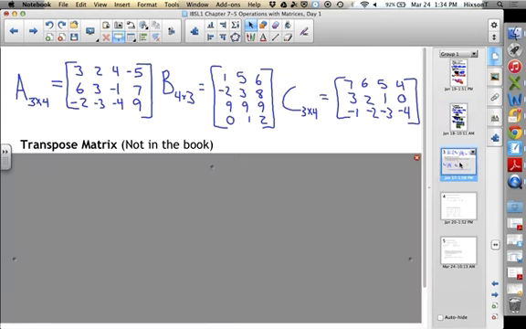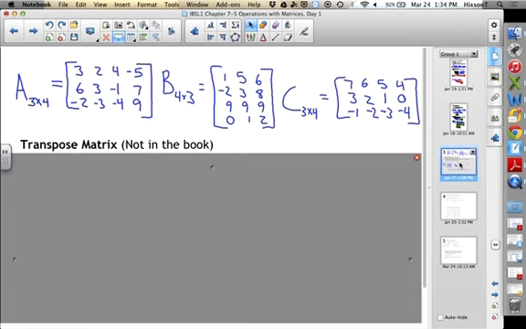Anyways, let's take a look at transpose matrices. A transpose matrix. The question is, what if we really want to take the data that's in A and put it with the data that's in B? How do we do that? Well, sometimes there's no way that we can.